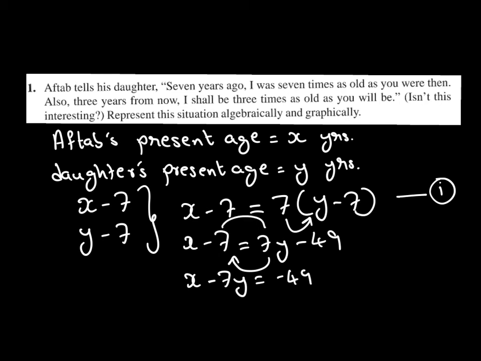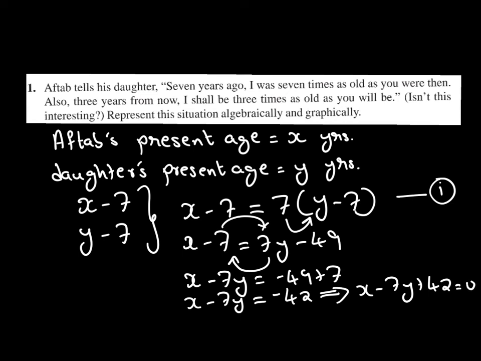When this negative 7 goes there, plus 7. So x minus 7y is going to be equal to minus 42. Or we can write the same equation as x minus 7y plus 42 equal to 0. We can represent this whole equation as 1.